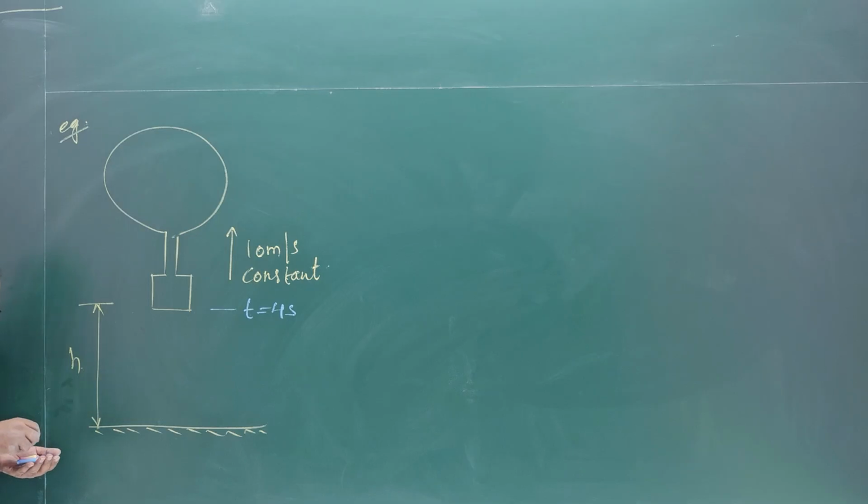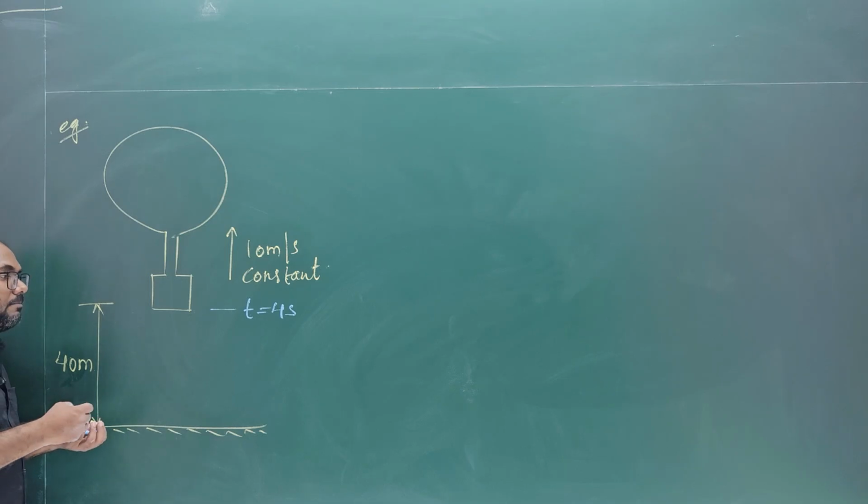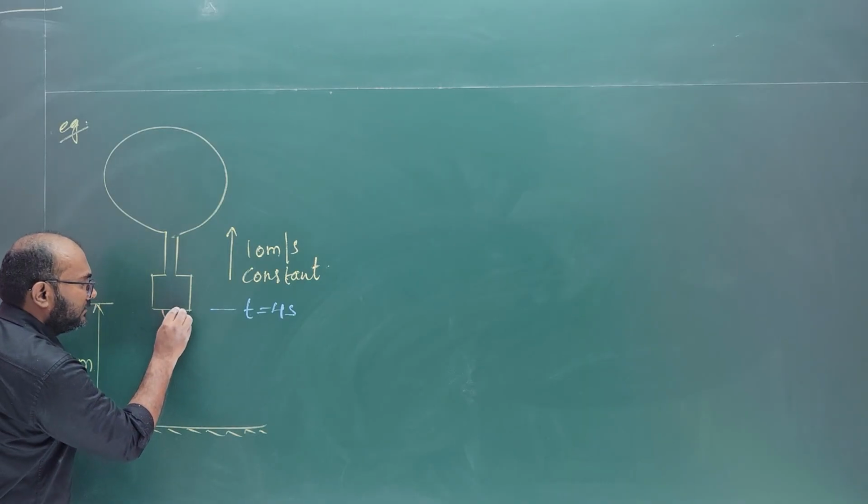Yes, obviously 40. Why? Because speed is constant. So can I say that this h value is nothing but 40 meters?